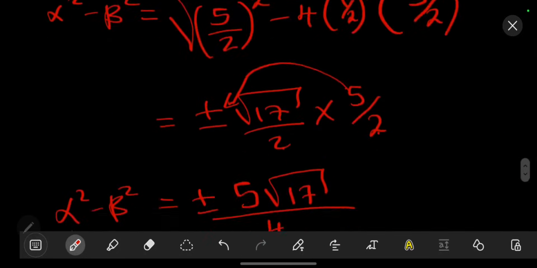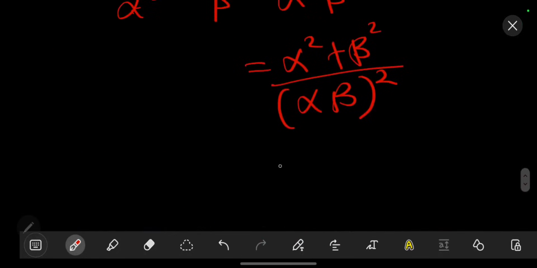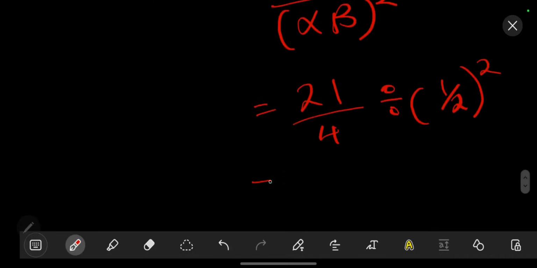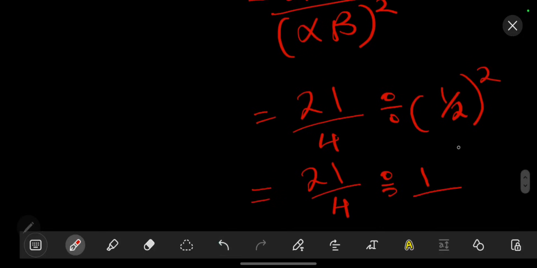So we are going to get 21 over 4, then divide by, we have our alpha beta is equal to 1 over 2, then we have squared like that. So this will give us a value equivalent to 21 over 4, then we have divide by 2 squared there, it will give us 1 over 2 squared, which is equal to 4 like that.